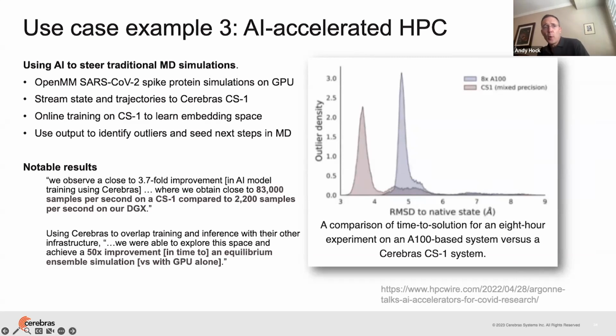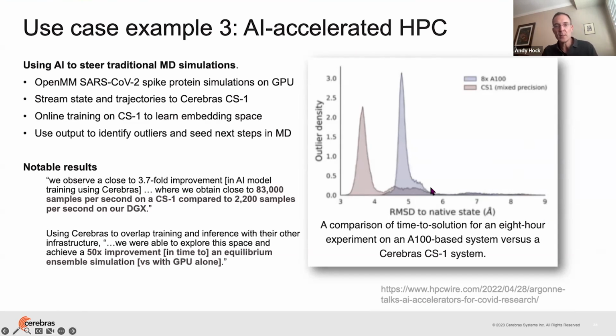This is an example where the ANL team, along with Cerebras collaborators, was using a large GPU cluster for traditional molecular dynamics simulations of the SARS-CoV-2 spike protein, and then streaming the state and trajectory of those molecular dynamics simulations from the GPU cluster out to a Cerebras CS1 accelerator, and then doing online training on the CS1 to learn the embedding state and use the output from the CS1 to identify outliers and inform the next steps in the molecular dynamics simulation.